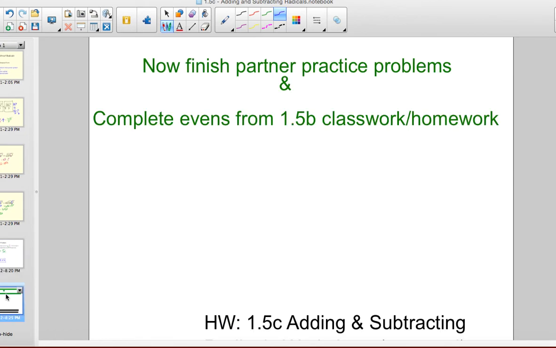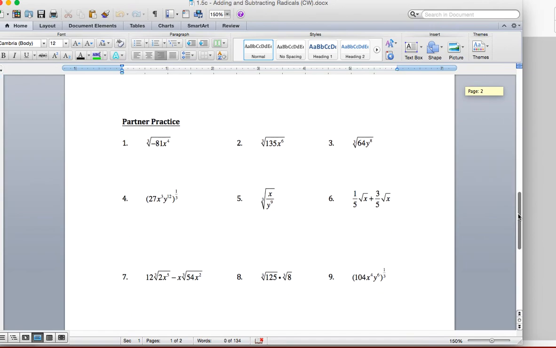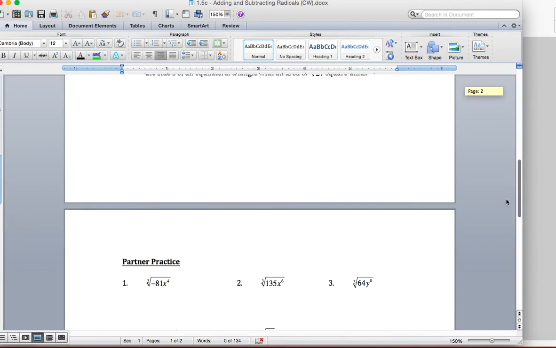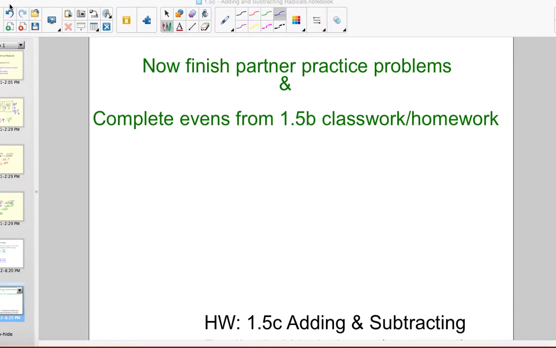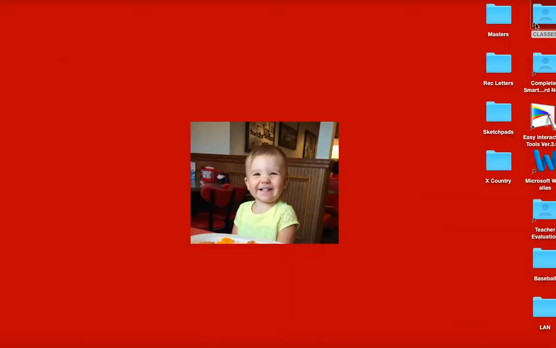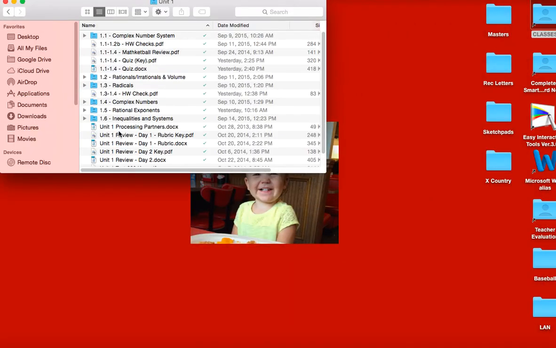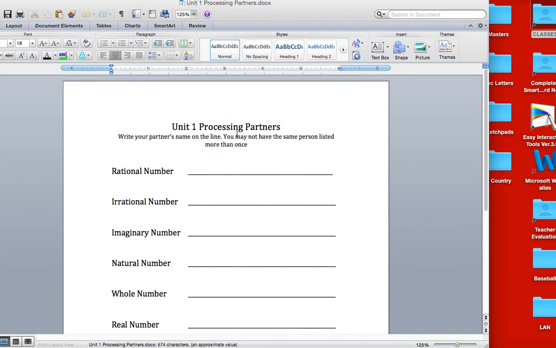So this is what you guys are doing for the rest of class. You have a bunch of practice problems on your classwork, which you probably see here. So we got through that one. So the whole back page I just want you to do in partners. So once you finish the video, you can get with your, I don't know, let's see what we got here. Unit 1. Oh.